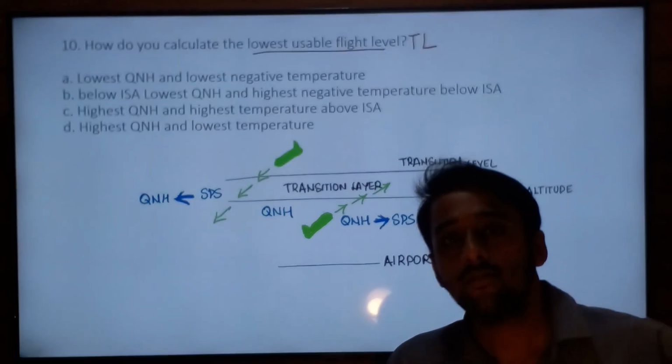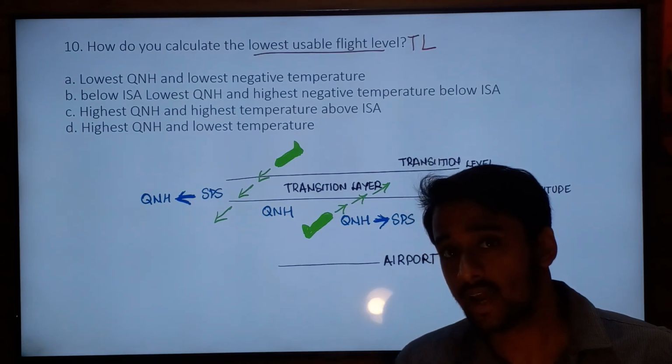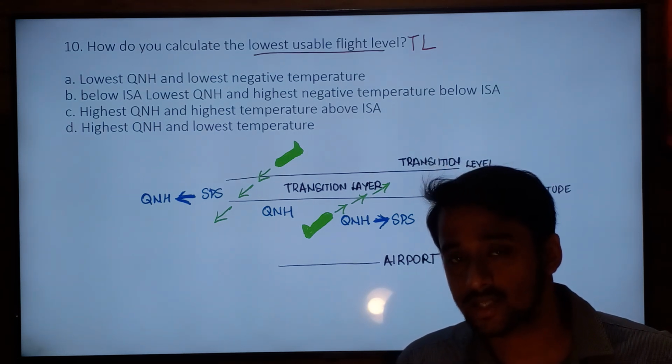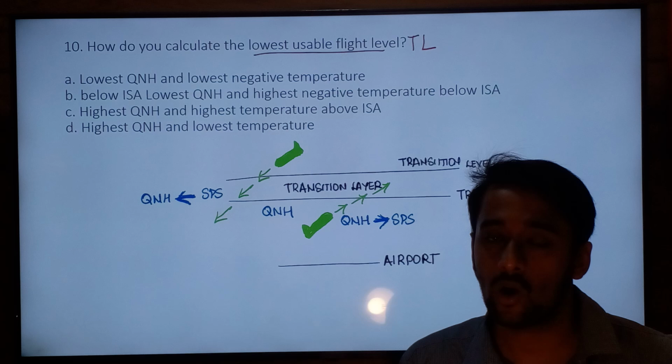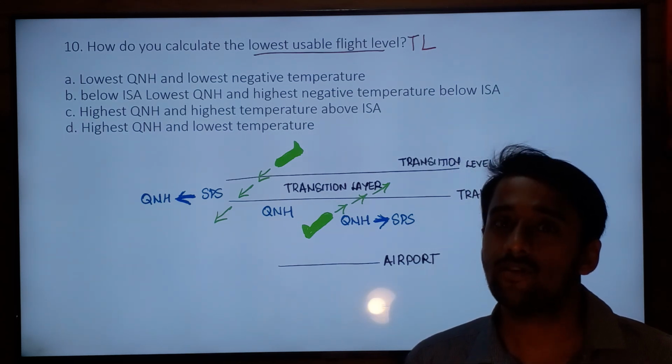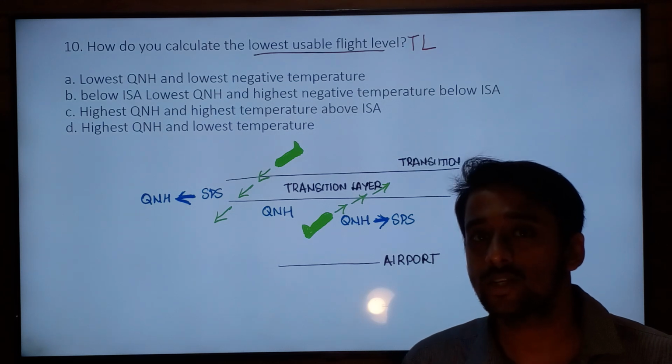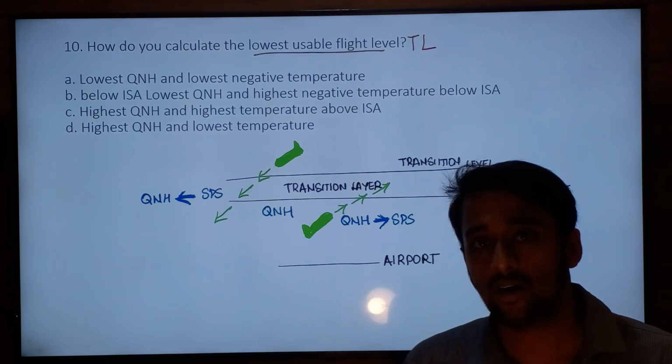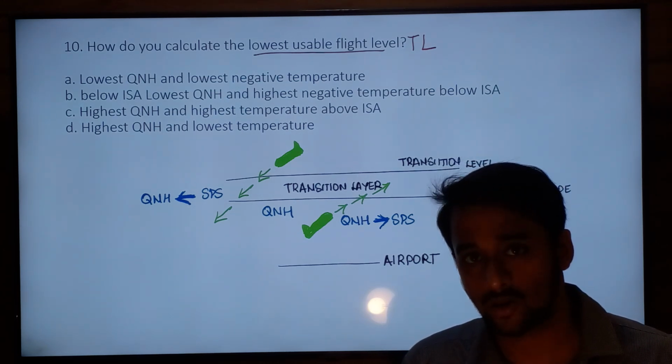So when we are flying at lower levels, we use QNH. But when we go to higher levels, this QNH pressure setting or local atmospheric pressure setting becomes very unreliable. So when we fly at high altitudes, we switch to standard pressure setting, which is used by all aircraft over the globe. So this gives you uniformity.